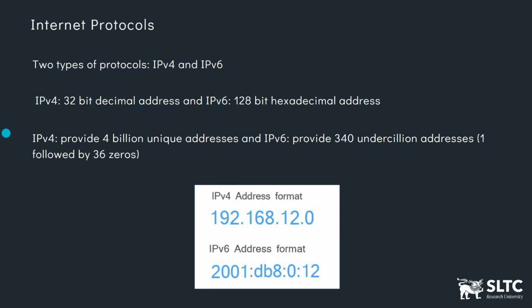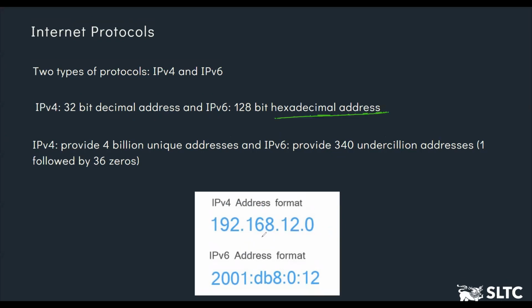However, IPv6 is in hexadecimal address format. That means in there we have both decimal numbers and hexadecimal characters, the characters from A to F, I think. So we have characters and numbers in the IPv6 address format. Also in IPv6, we have colons between the number separations.